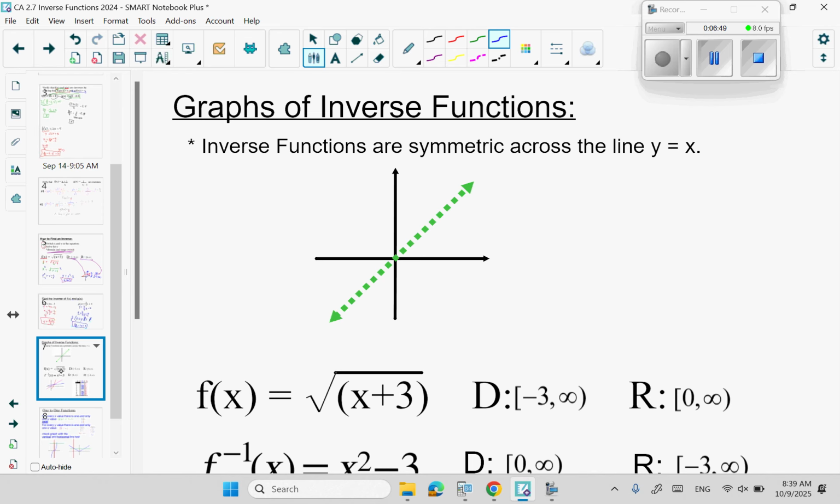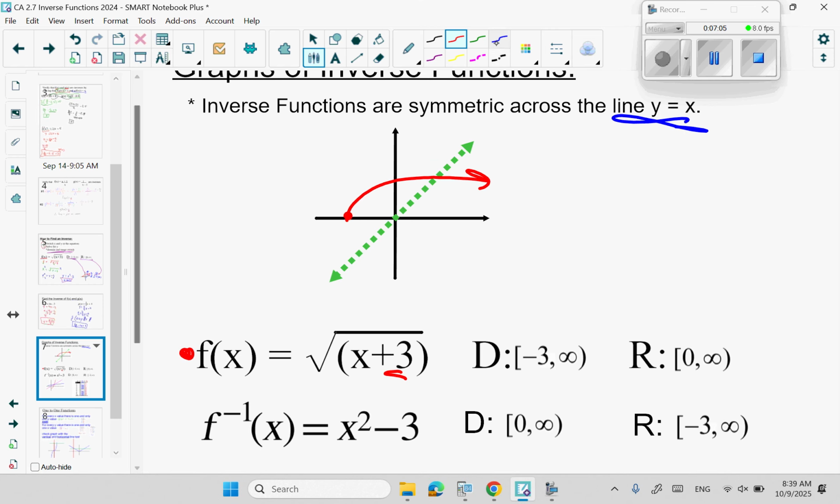Graphs of inverse functions are symmetric across this line. So I told you earlier with this one, that would look something like this. It's a square root function. The plus 3 means moving over to the left 3, what we've talked about before. Now, if I were to graph this one in its normal state, it would look something to the effect of this.